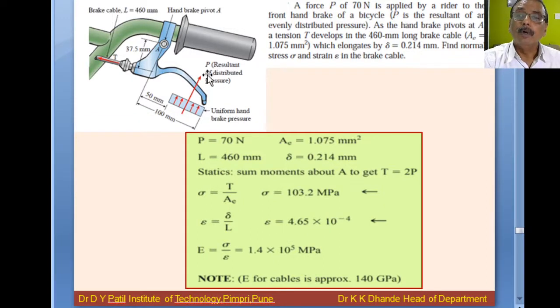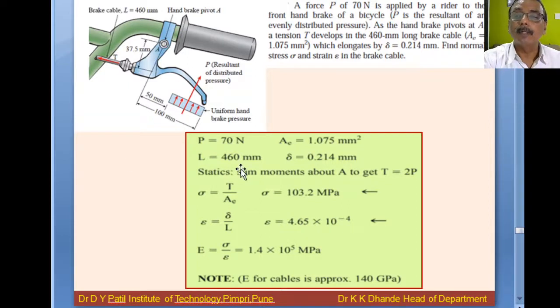Now force P is acting here, P into this distance 50 plus 25. How much? This is 75 mm. So moment is P into 75, equal to T into the distance from T to the pivot, 37.5.